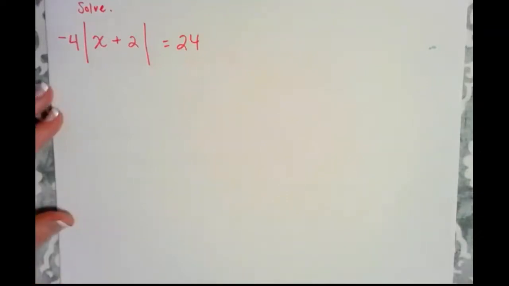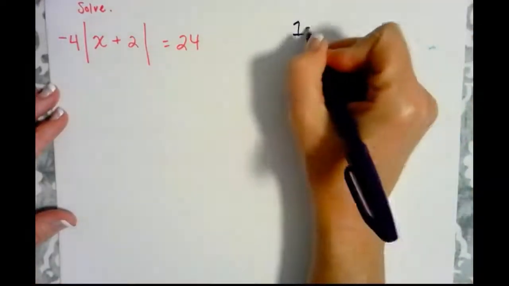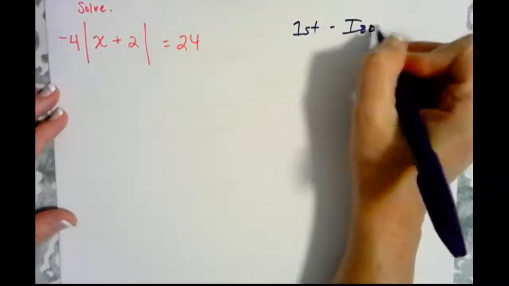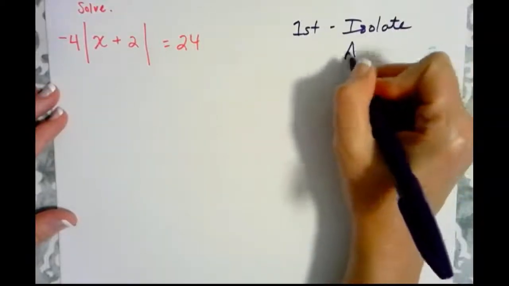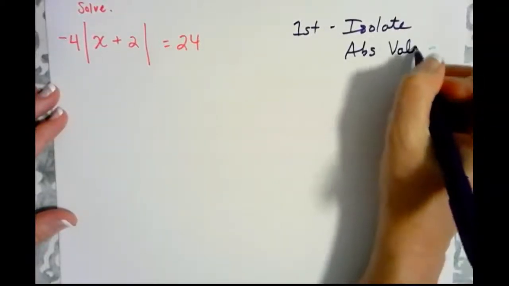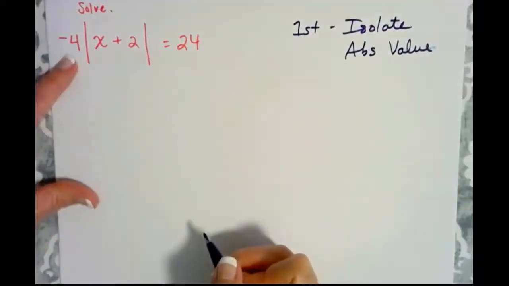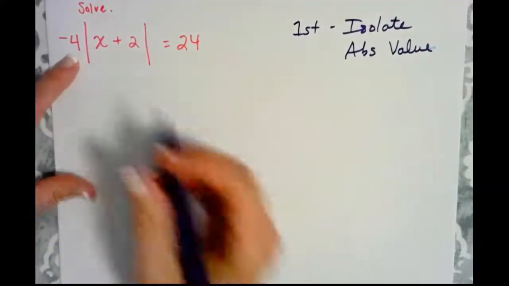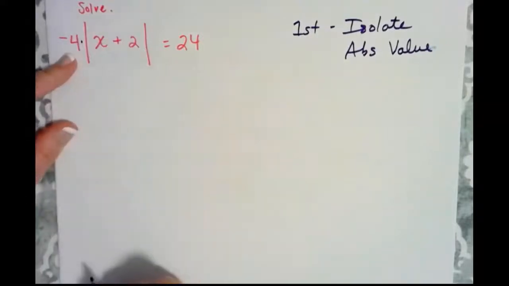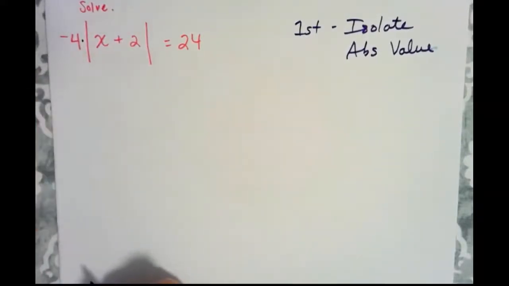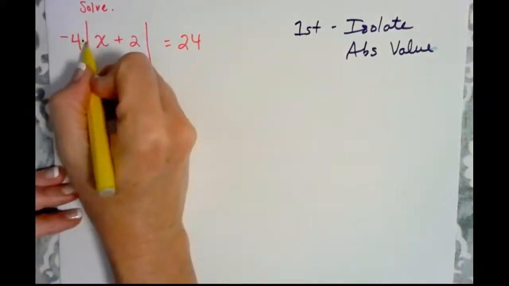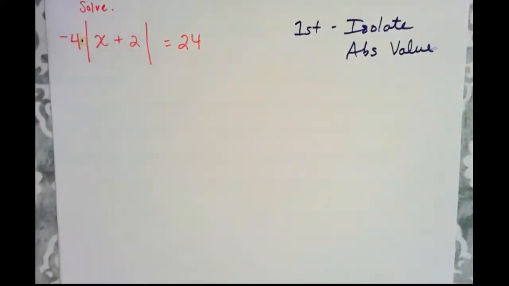All right, next problem. First, isolate that absolute value. Remember, this is negative 4 times the absolute value of x plus 2. If there is no symbol in between the number and the absolute value bar, it is understood to be multiplication.